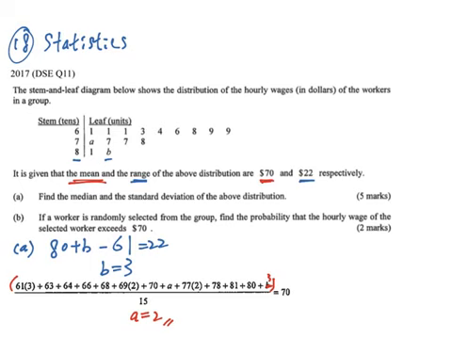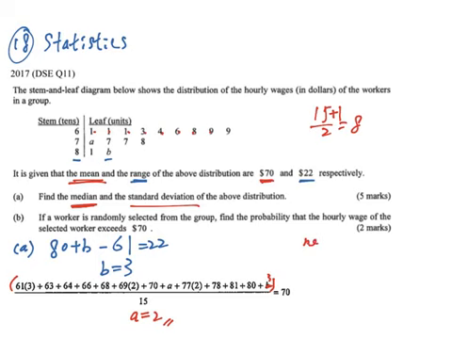For part A, we need to find the median and then the SD. For the median, because there are 15 data, 15 plus 1 divided by 2 means 8. The 8th data is the median. So 1, 2, 3, 4, 5, 6, 7, 8.